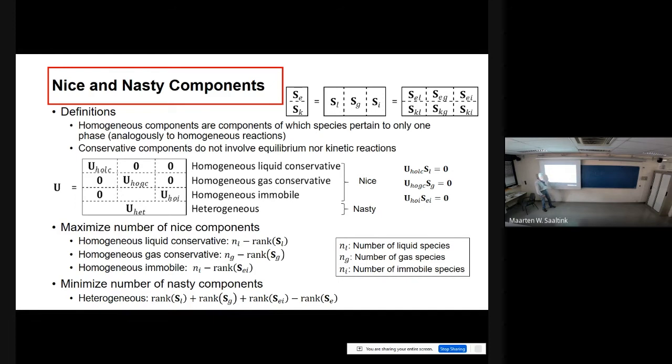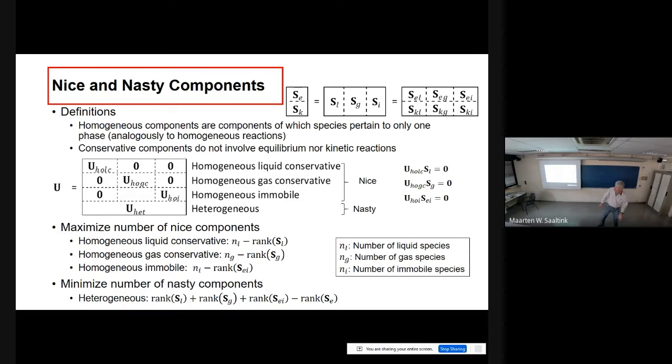And the same for the gas: the number of gas species minus the rank of the gas part of S. And then for the immobile, I'm a little less restrictive: it is the number of immobile species minus the rank of the equilibrium part. So of course, this is the maximum number of what I call nice components.